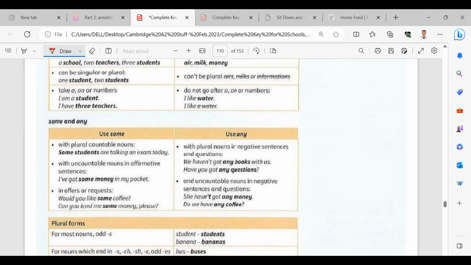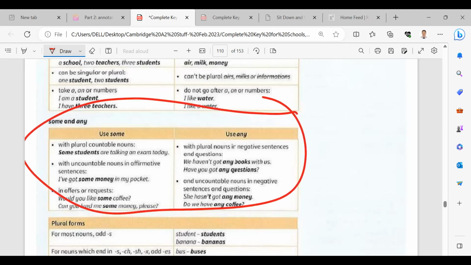Okay? So check, please. If you have any question here, let me know. Do you want me to read it? Just have a look. With plural countable nouns, use some. Some students are taking an exam today.